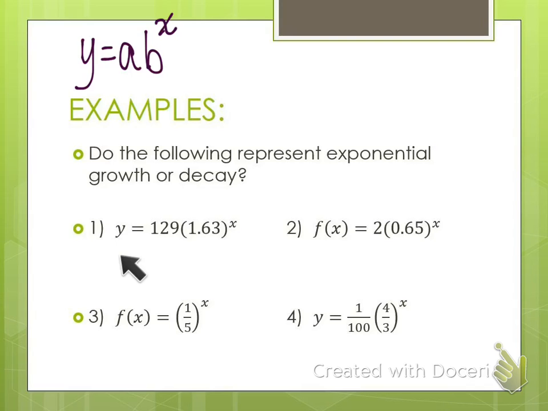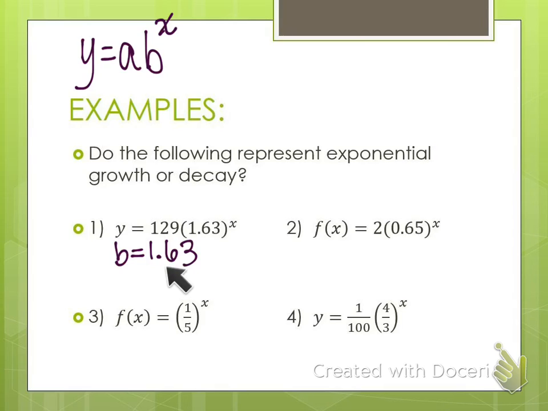So on this number 1 here, what is b? Which of these pieces is b? Okay, b is equal to 1.63, which makes this growth or decay? One person knows it? Oh, 2 people disagree.